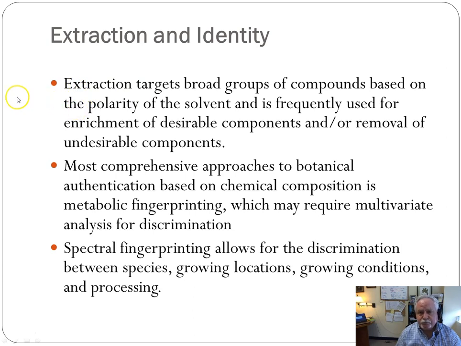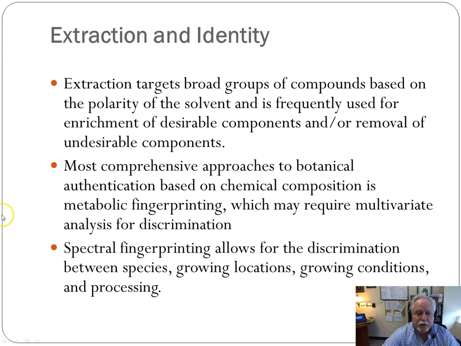But when we extract, we tend to target a broad group of compounds based on whether they dissolve in a solvent. And there's a tendency to enrich the components that we're actually interested in and remove those that we're not interested in. And the most comprehensive approach to botanical authentication is based on these chemical compositions.